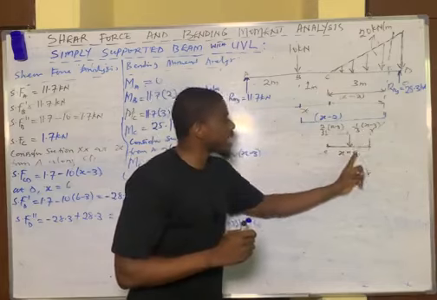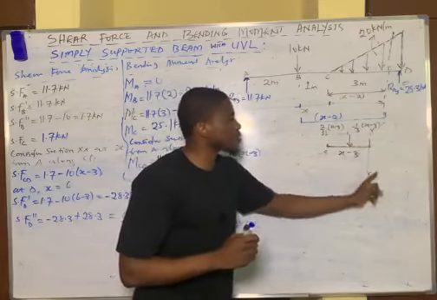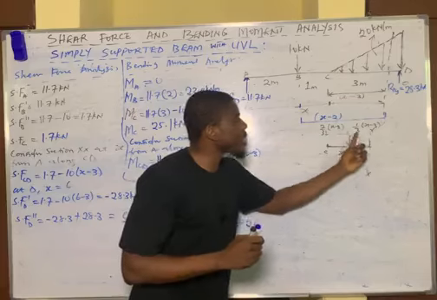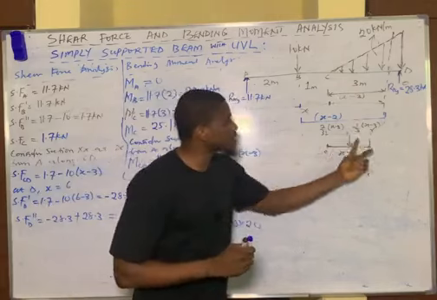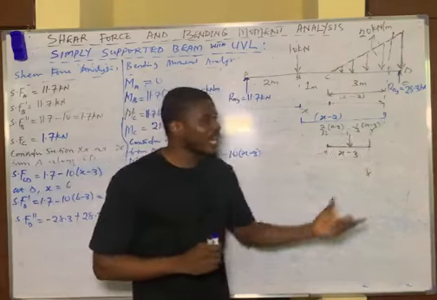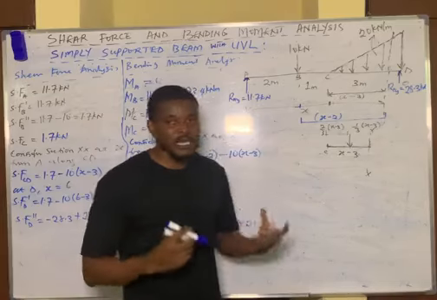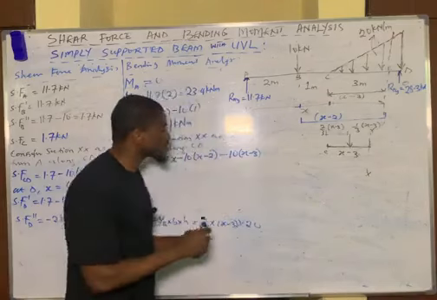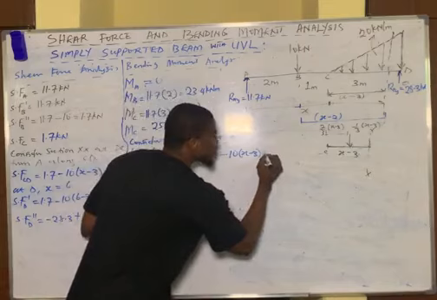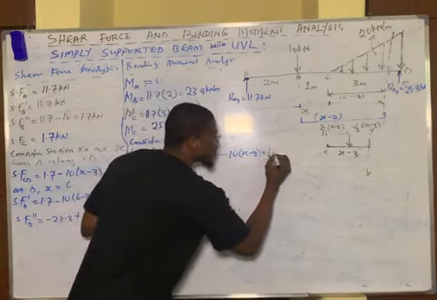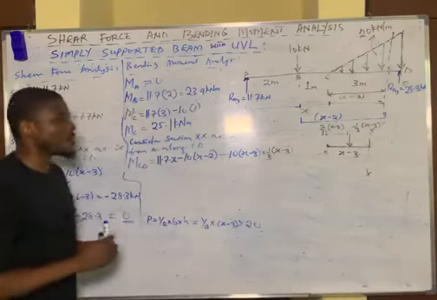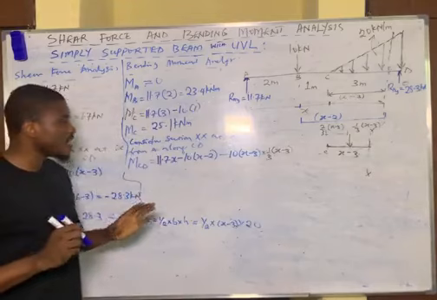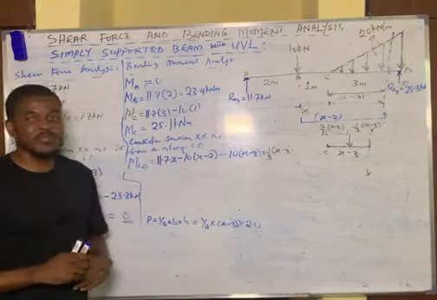It ends here, and we want to take a moment about the point of section. The remaining distance becomes 1/3 of the original length, which is 1 over 3 times x minus 3 about the point of section. That becomes our moment. So this is now our force. Therefore, our moment becomes this multiplied by 1 over 3 of x minus 3. It's as simple as this. So this equation is called the bending moment equation.